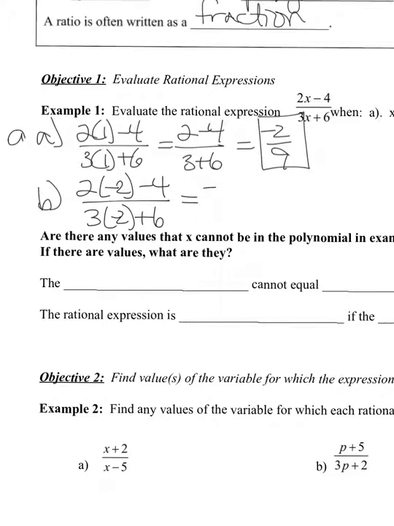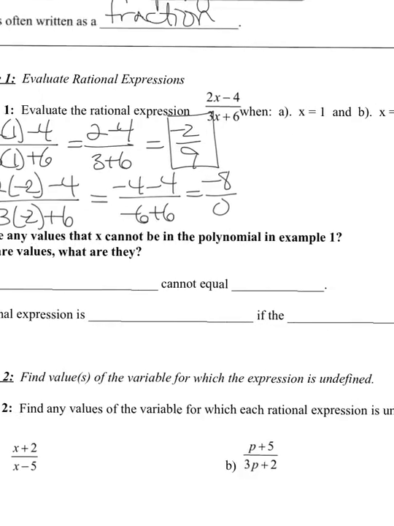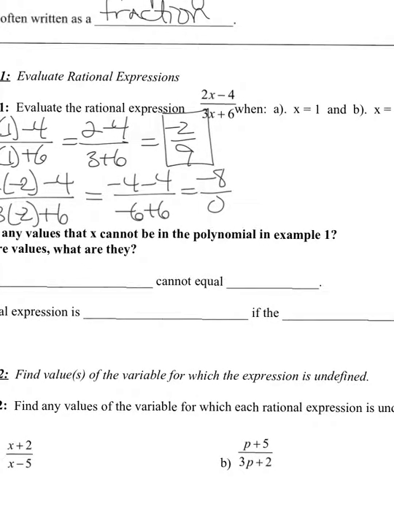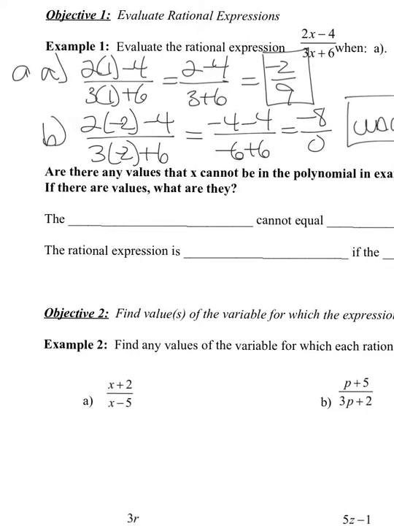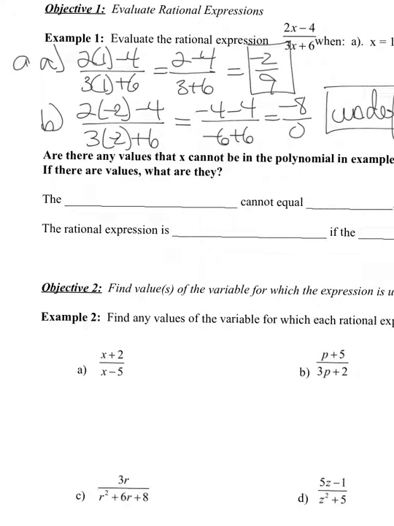Following the order of operations, that gives me -4 minus 4 on the top, -6 plus 6 on the bottom. This is -8, and this is 0. So I have -8 divided by 0. If you try that on your calculator, it will say error. It is because we can't divide by 0, so we say that this is undefined. Okay, it's not 0, it is undefined. So that leads us into our next objective.